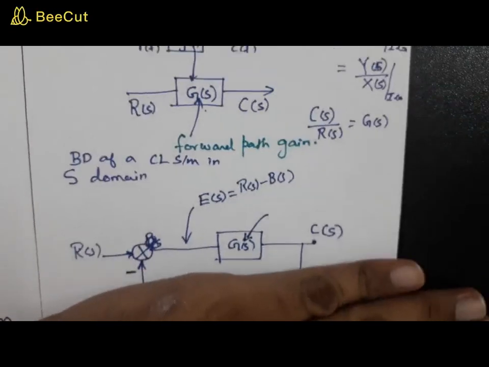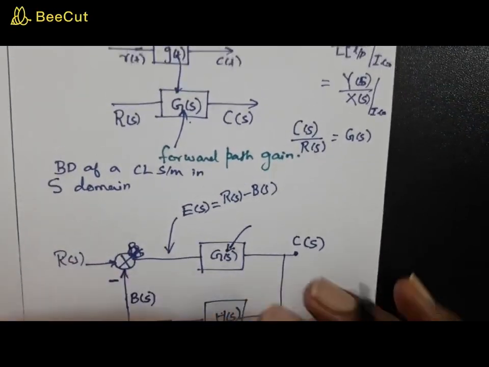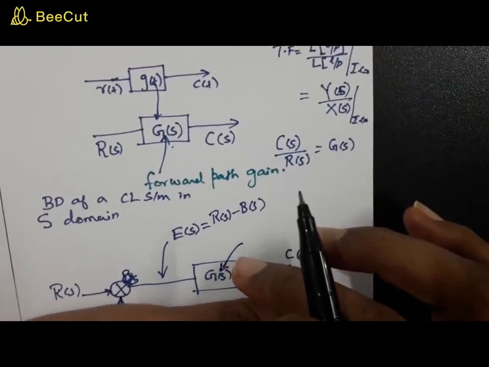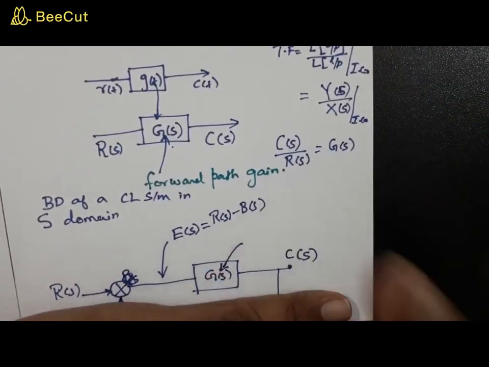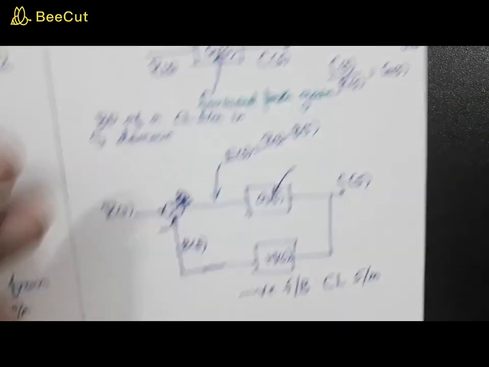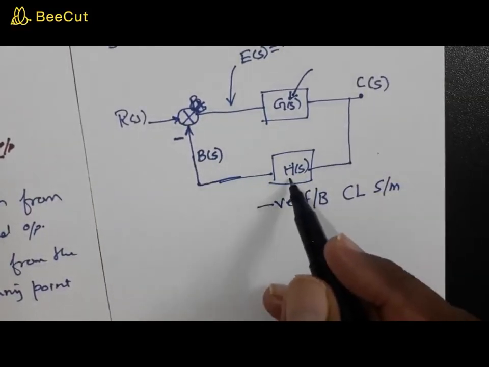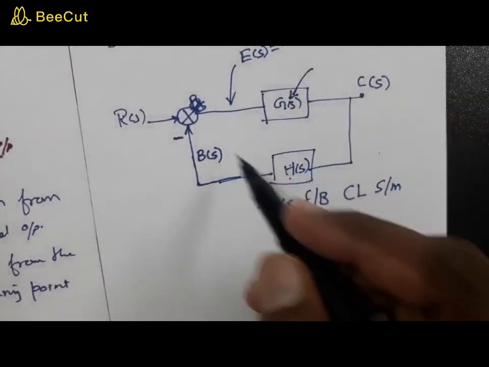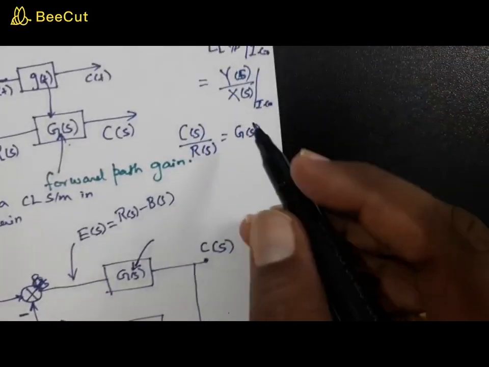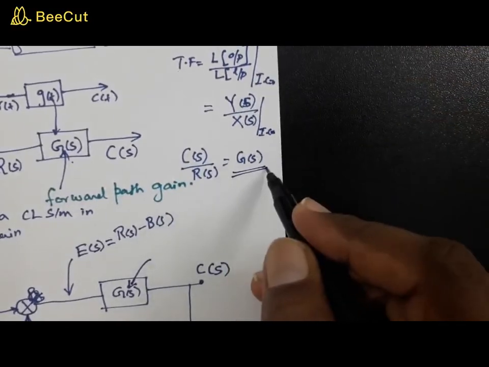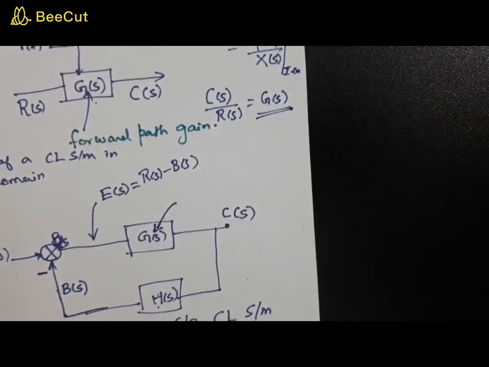Had it been an open loop system, that is, there is no feedback, then that gain is G of s. But this closed loop system has a feedback element with h of s. When you combine this, the transfer function will not be G of s, it will be something else. That's what we want to find out.